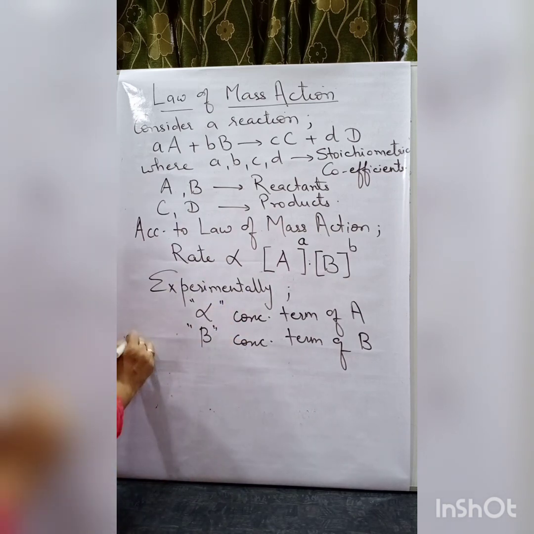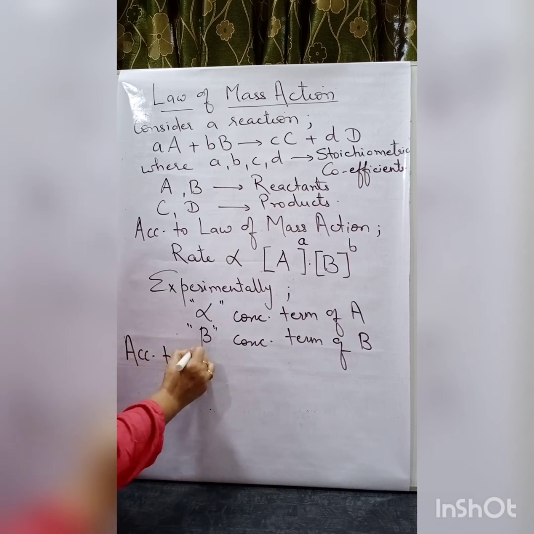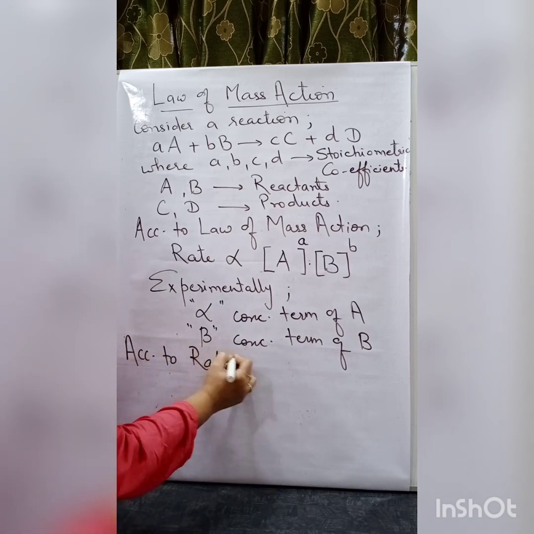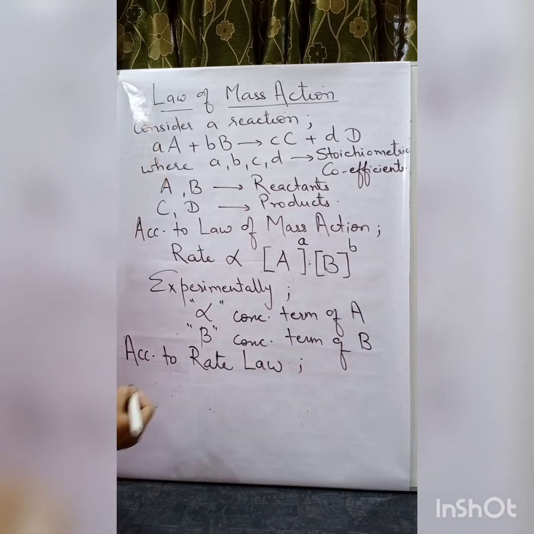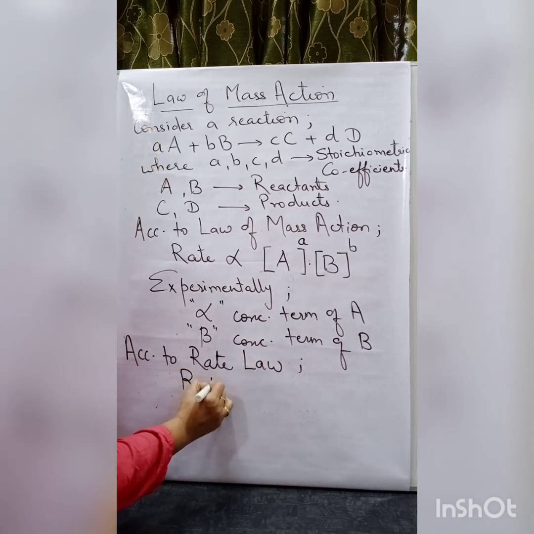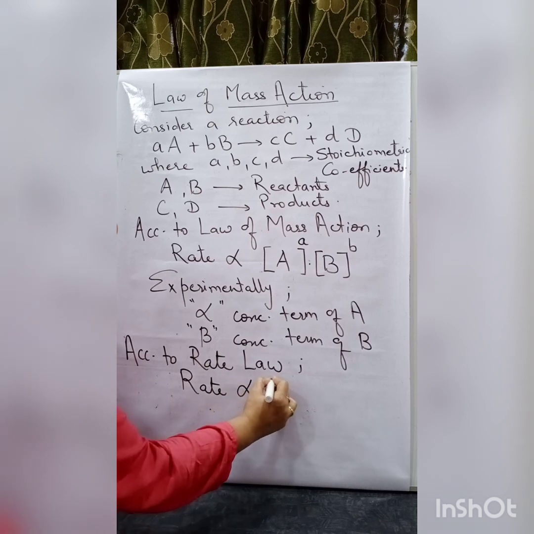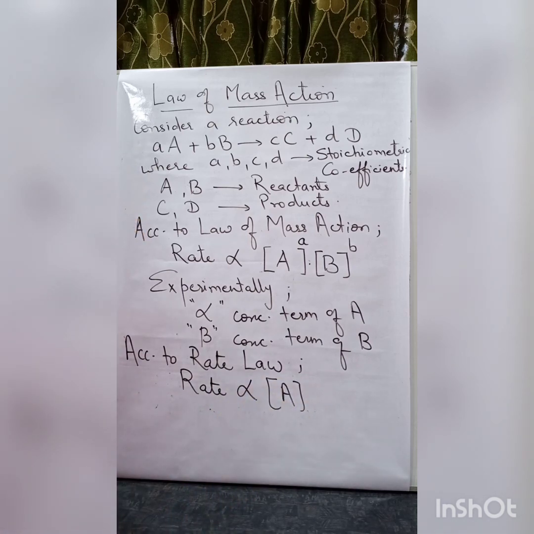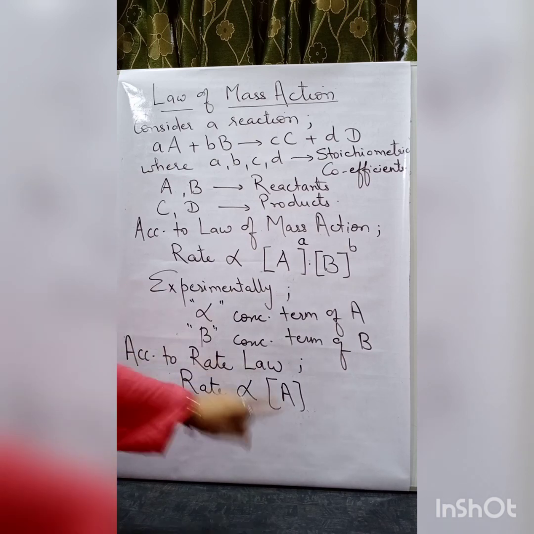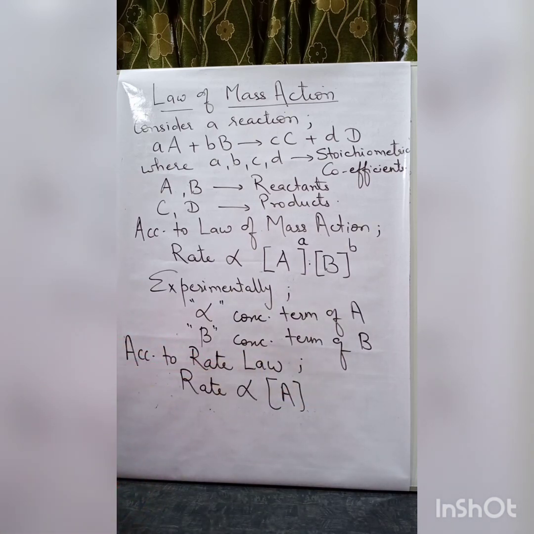So then what is the rate law? Rate law is an experimental result. How do we give the rate law? Rate of reaction is directly proportional to the product of concentrations of reactants raised to the concentration terms which were determined experimentally.